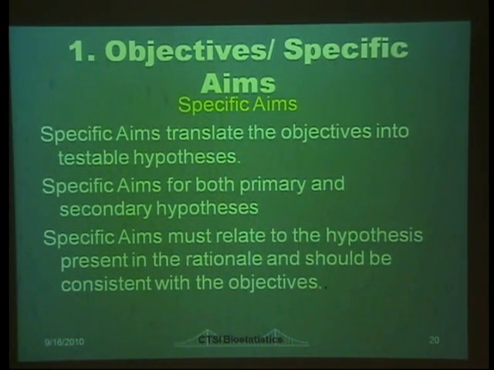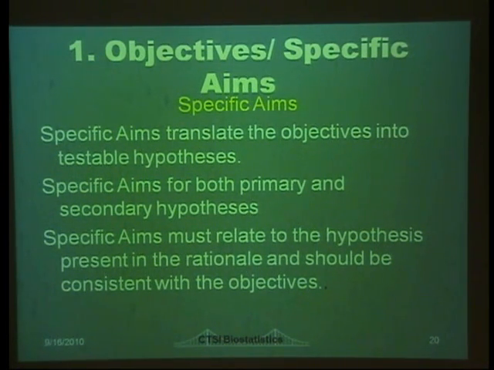Specific aims are much more technical. They're usually given for both a primary hypothesis and a secondary hypothesis. And it's important to specify one primary hypothesis because at some point we have to do a sample size calculation, and that's usually based on the primary hypothesis.